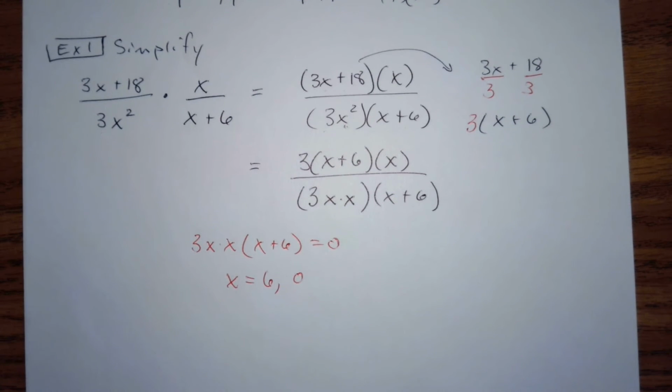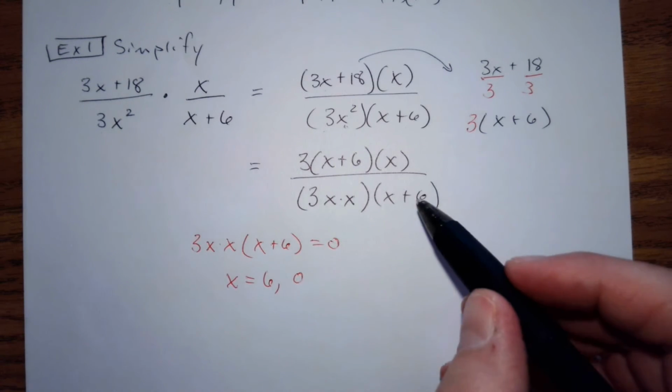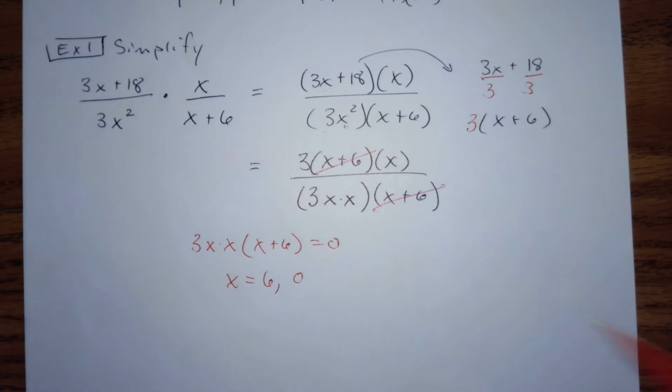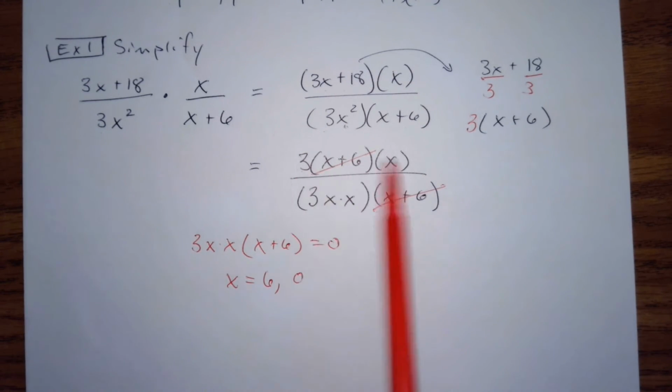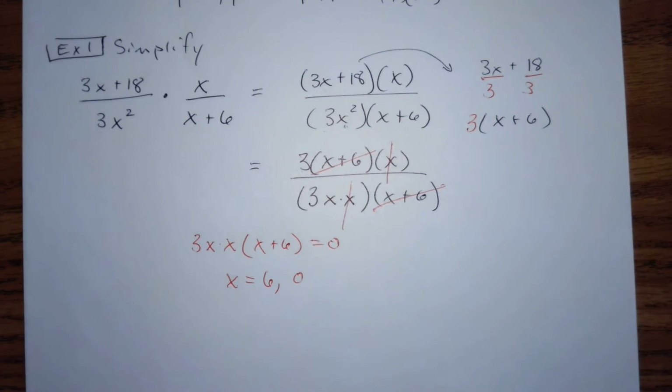And then I'm going to cancel stuff out because our goal is to simplify. So the x plus 6 cancels with the x plus 6. That cancels to 1, but I don't have to write the 1 because I have a 3 in the top and an x. But let's see what happens. Cancel out one of the x's with another x.